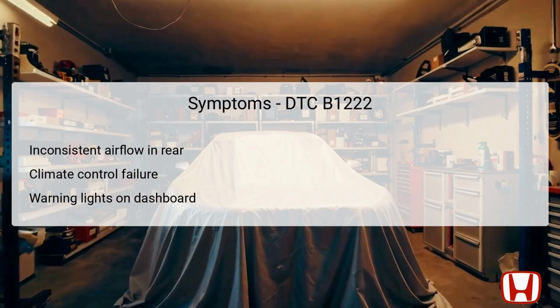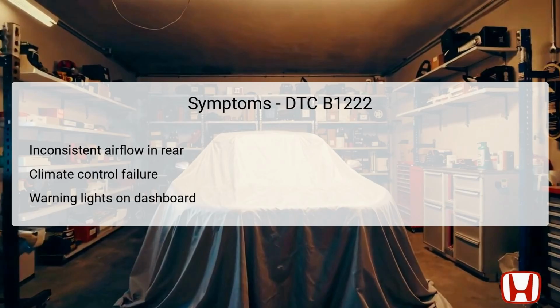When DTC B1222 is triggered, several symptoms may manifest, signaling issues with the climate control system. The most prominent symptom includes inconsistent airflow reaching the rear passenger area, which can lead to discomfort during travel. Passengers may notice that the temperature control settings do not yield the desired effects, impairing their experience.